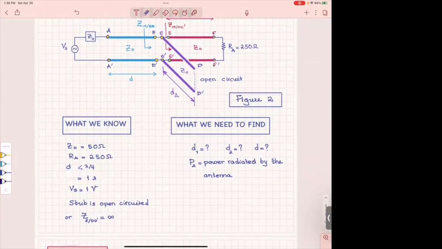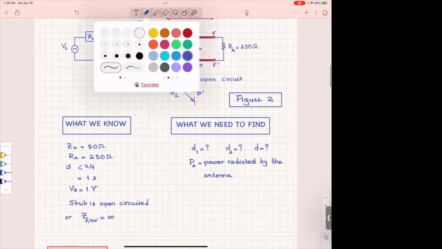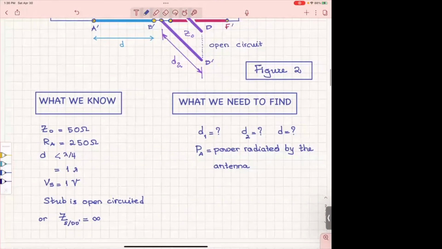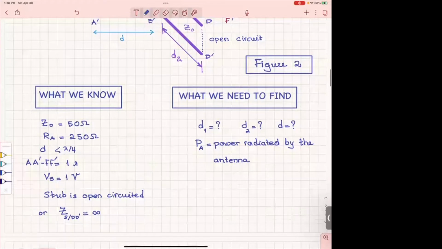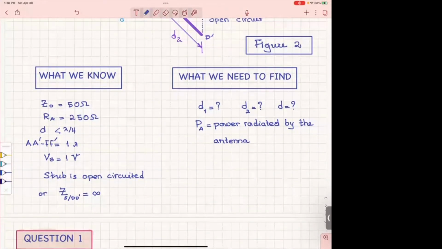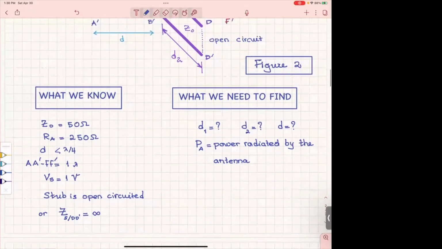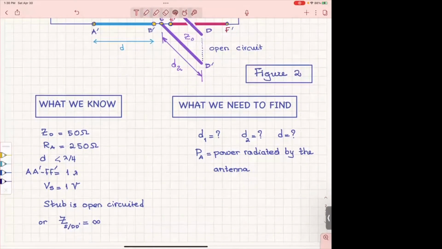The total distance between AA prime and FF prime is 1 wavelength, not D. The source is 1 volt and the stub is open circuited, which means that at the end of the stub, practically your load is infinite for an open circuit. And what we have to find is D1, D2, and D, and the power radiated by the antenna.